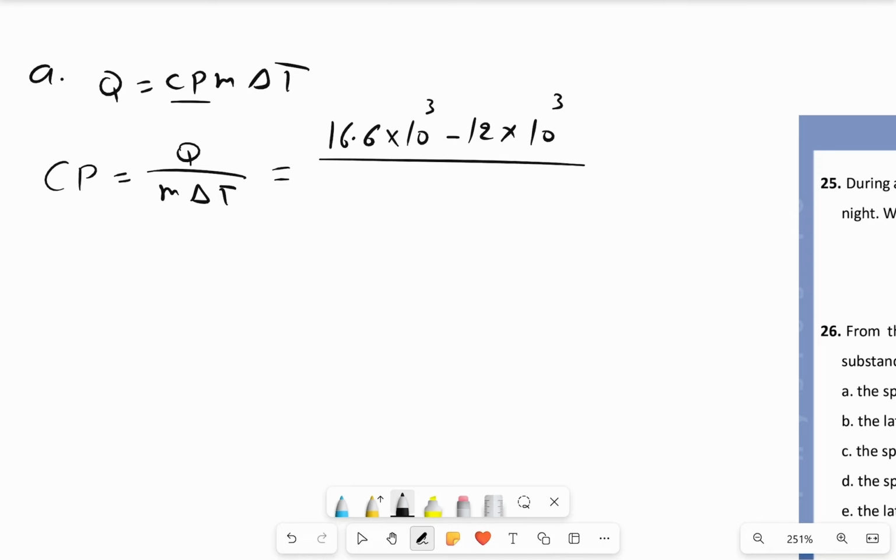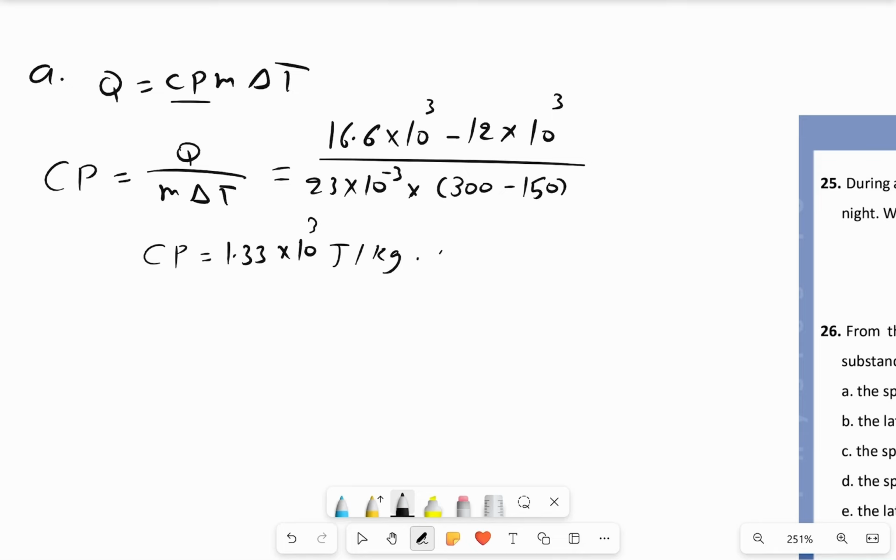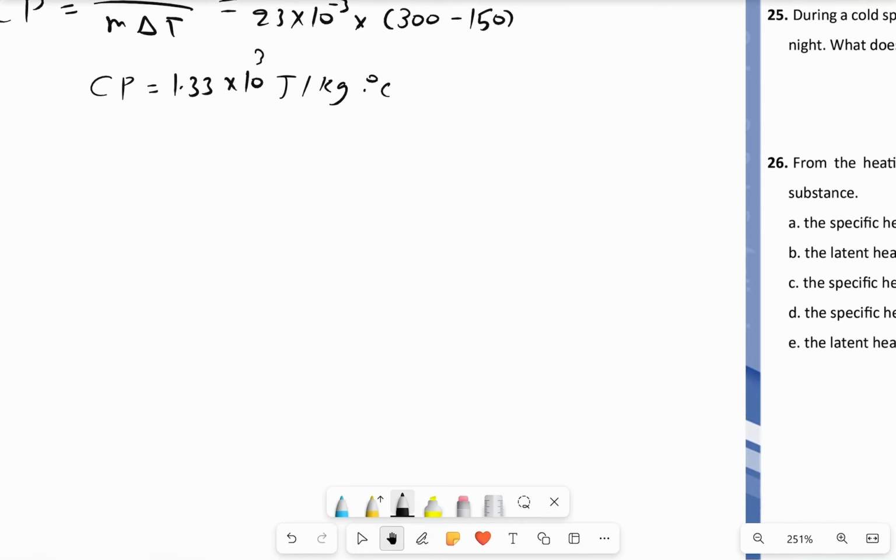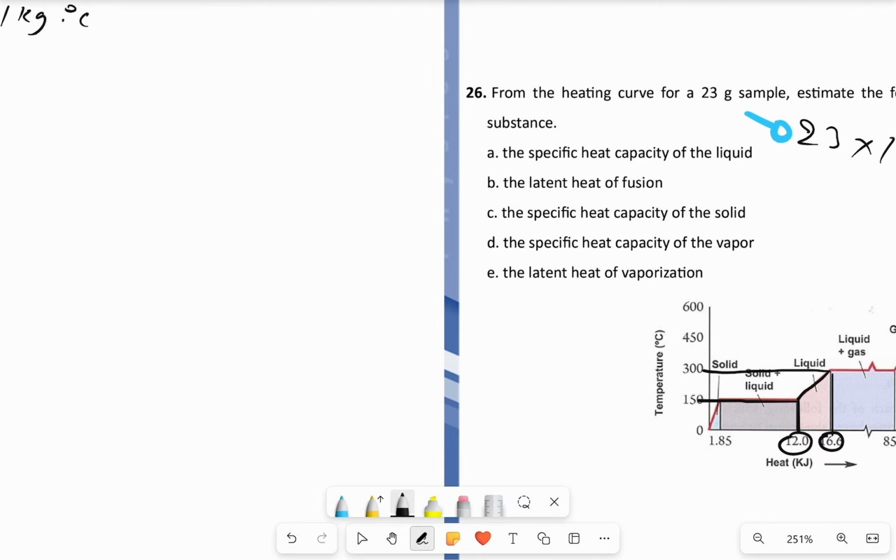Do not forget the 10 to the power of 3. Divide this by mass, which was equal to 23 times 10 to the power of minus 3, times delta T, which is going to be 300 minus 150. Calculate all of this, and Cp of the substance is equal to 1.33 times 10 to the power of 3 joule per kilogram per Celsius. That is A.